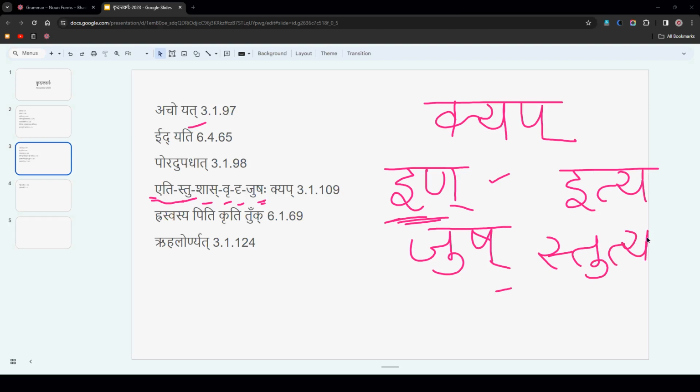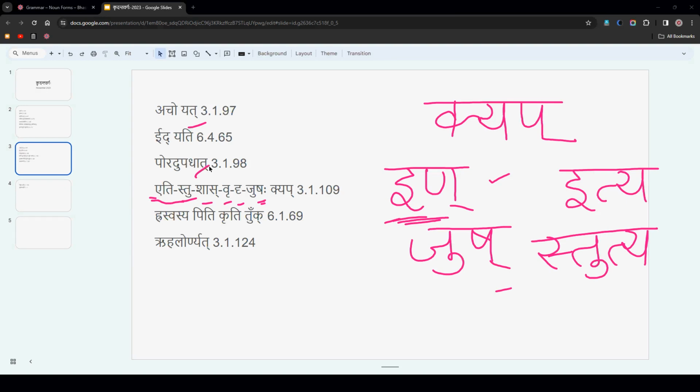What is the meaning of stu? Stauti, stuti. Like we have stotra, stuti. Stuti means to praise.